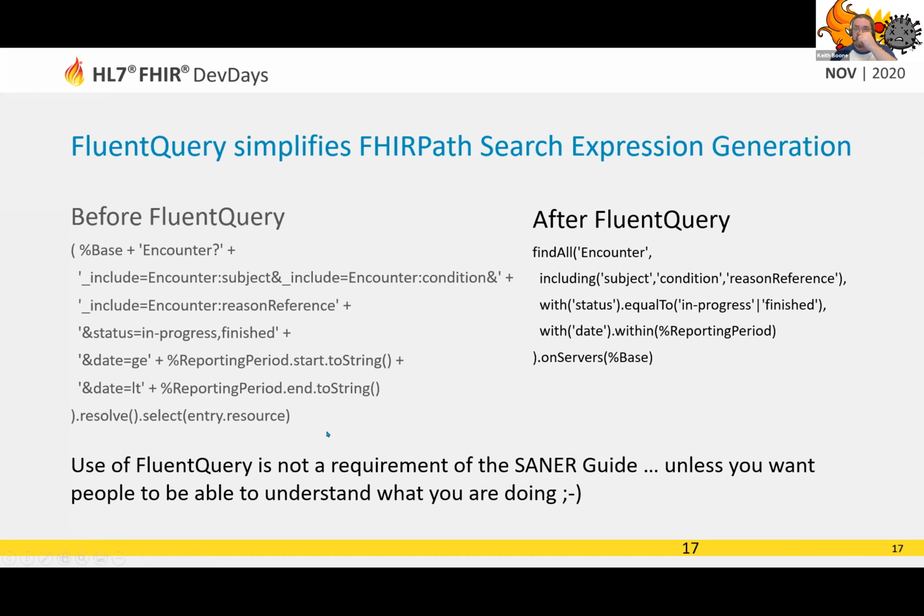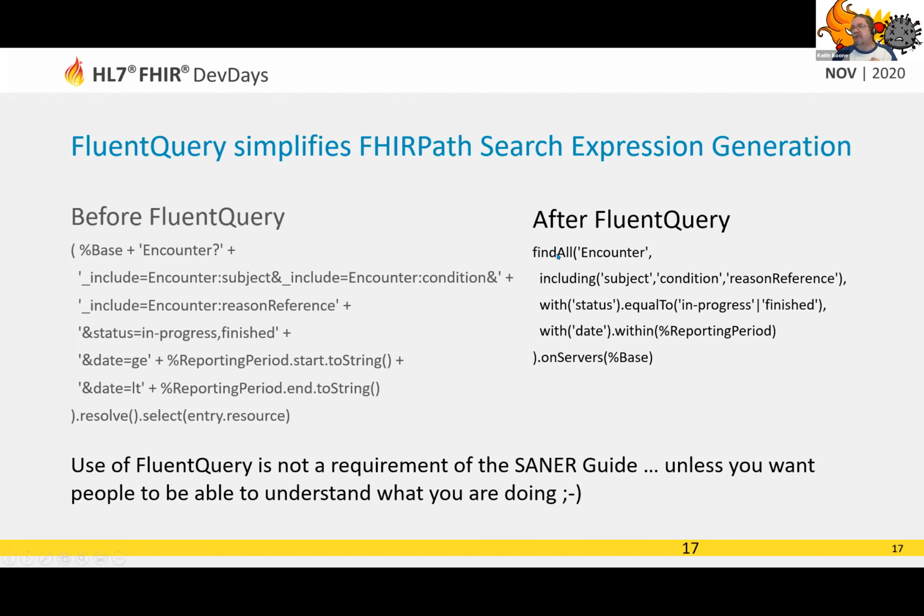When I initially wrote this code before Fluent Query and I was trying to explain it to people, I realized as folks' eyes were glazing over that it's just not readable. It's not explainable, even though for those of us who work with FHIR queries, it's all perfectly obvious what it's doing.